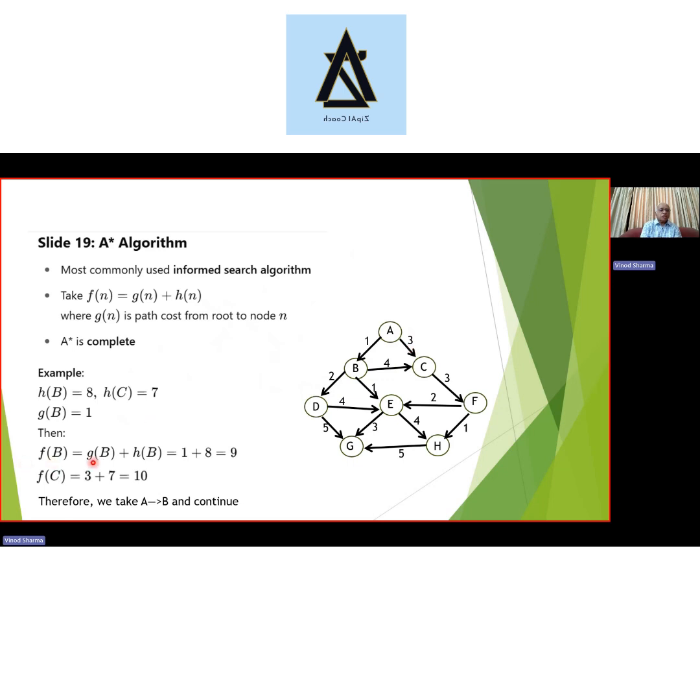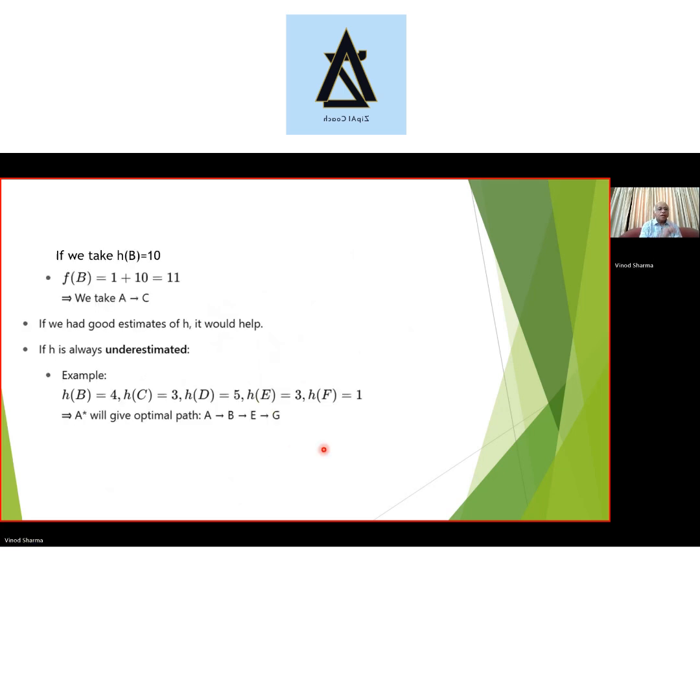So f(B) is g(B) plus h(B), 1 plus 8 equal to 9. f(C) is 3, the cost g(C), plus 7, this is 10. So from A, you are going to go to the node which has minimum f(n), and that is node B. And you continue from there, repeating the algorithm.